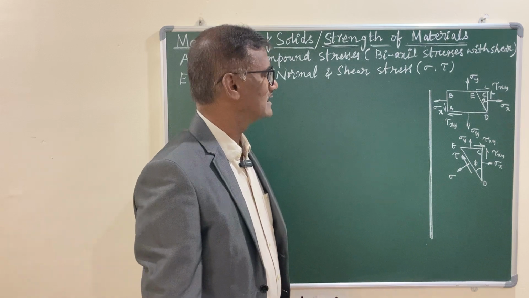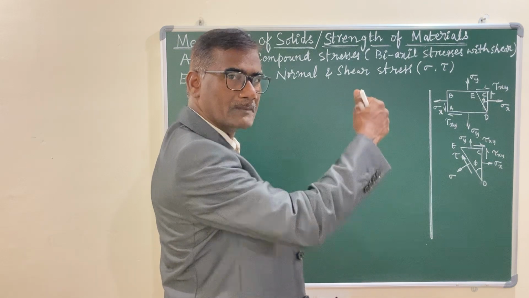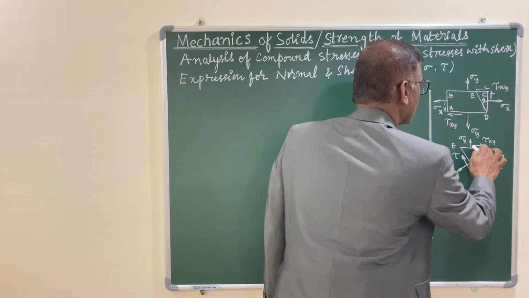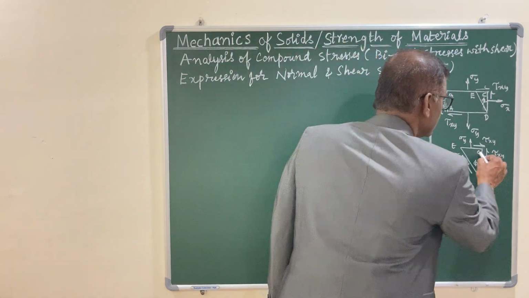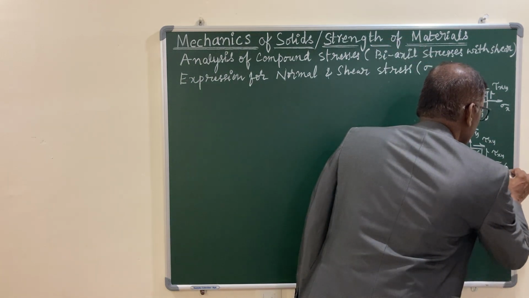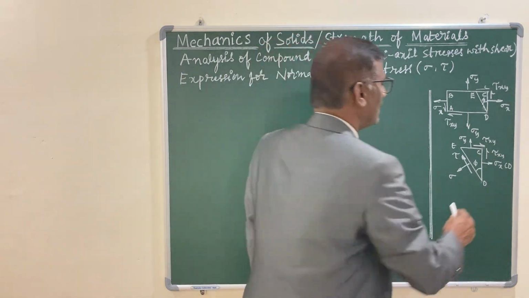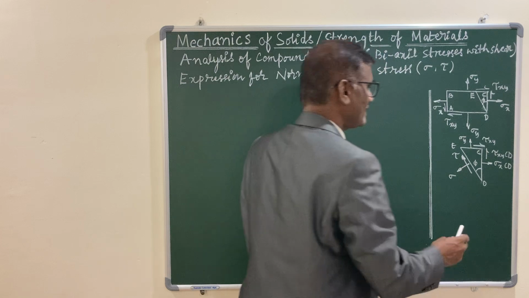Now, this is the element we are focusing on, and let us convert the stresses by multiplying with appropriate areas. Let us assume that this element has unit thickness, perpendicular to the blackboard. CD is the length and the thickness is 1. So when you multiply sigma x with CD, it becomes a force, and tau xy acts on the contact area, again CD.